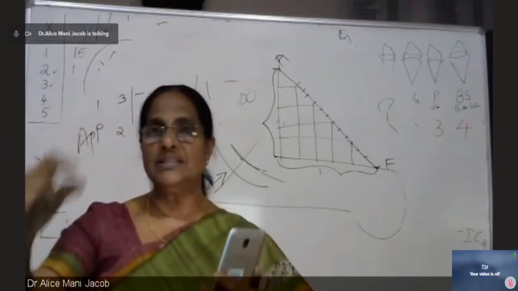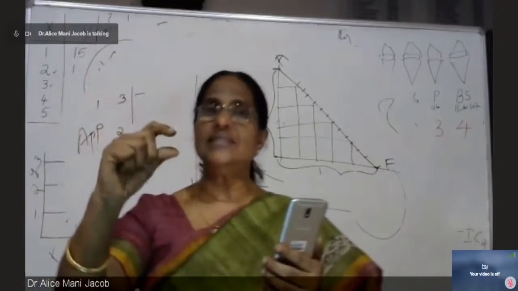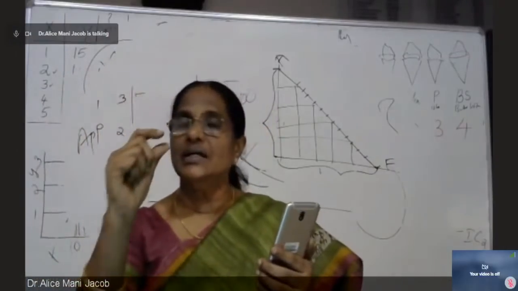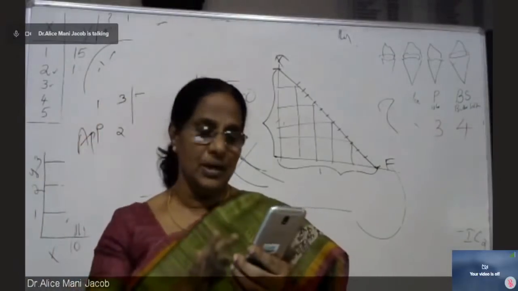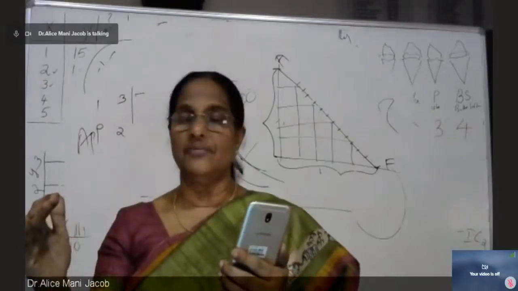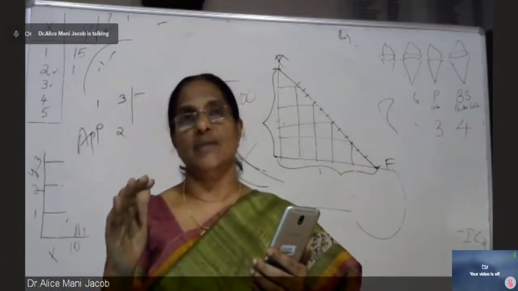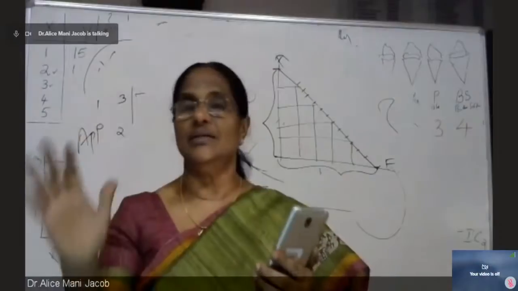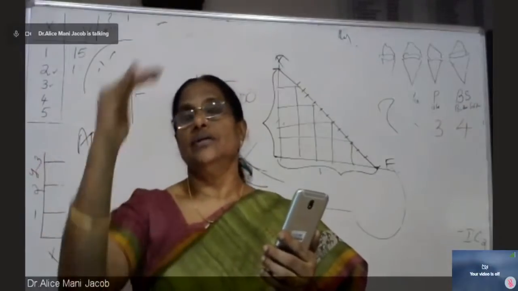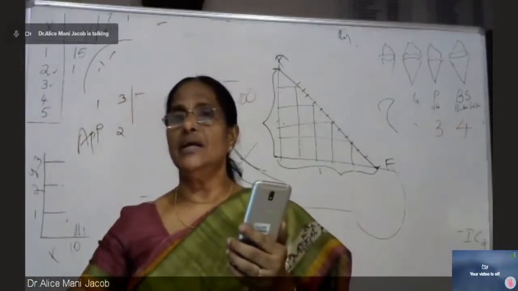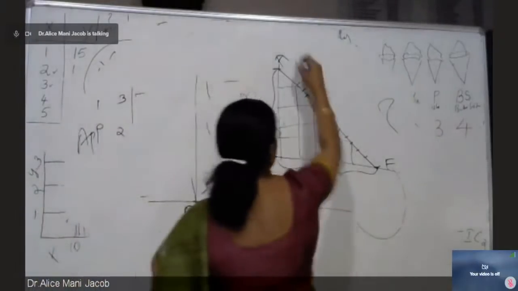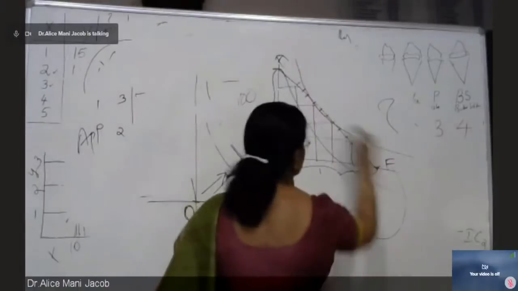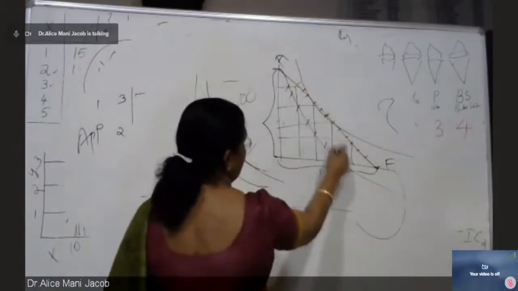So where his budget line is tangent to, touching, the indifference curve, he is at the highest possible indifference curve. He is maximizing his utility. With the available budget, he is trying to reach the highest possible curve. Any other point is not okay for him.